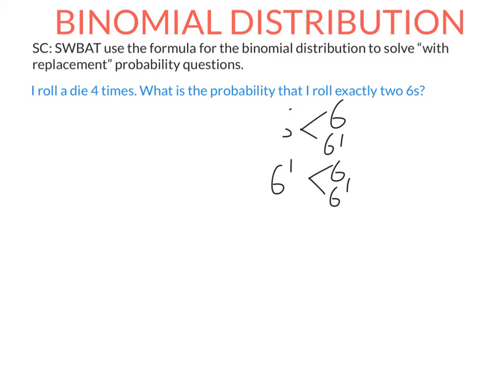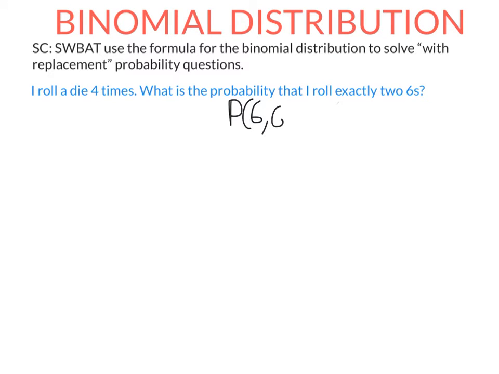So instead, let's look at this another way. So I want to know the probability I get 2 6s and 2 things that are not 6s. So let's find the probability, for example, that if I roll a die 4 times, I get a 6, then a 6, then not a 6, and not a 6. So, of course, each time I roll the die is independent of the previous time. So I can just multiply the probabilities.